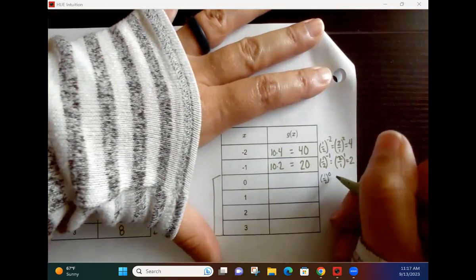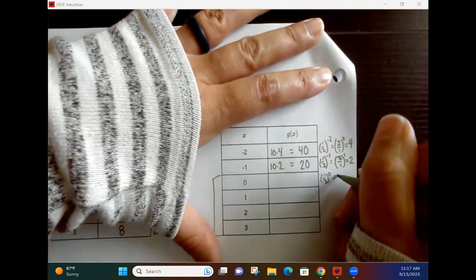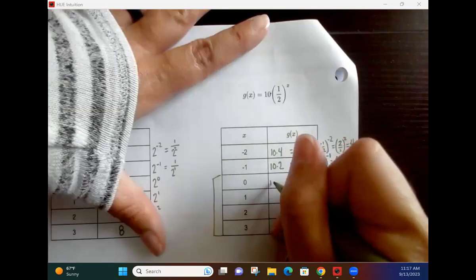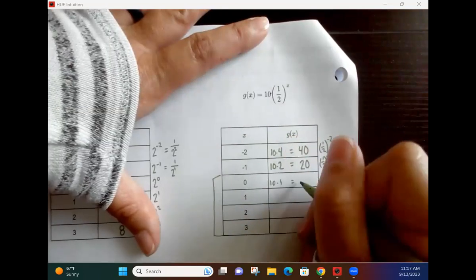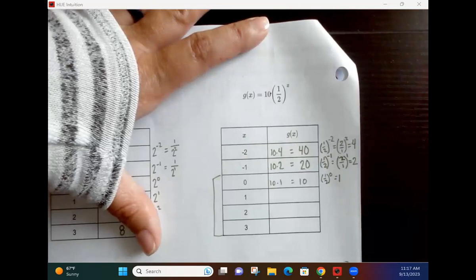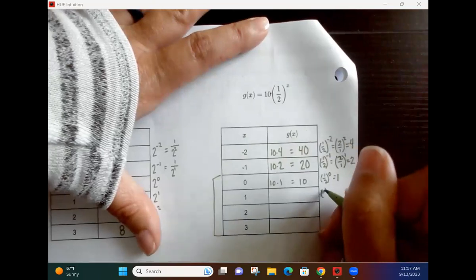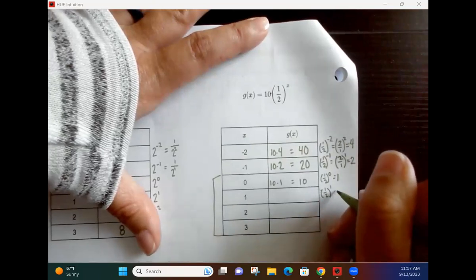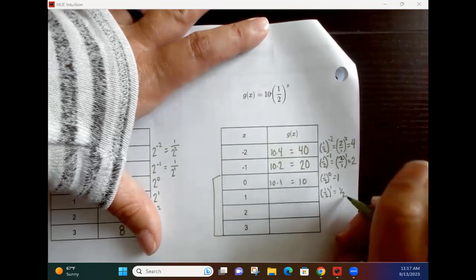When we take 1/2 to the 0 power, we get 1. So then 10 times 1 is 10. 1/2 to the first power is just 1/2.